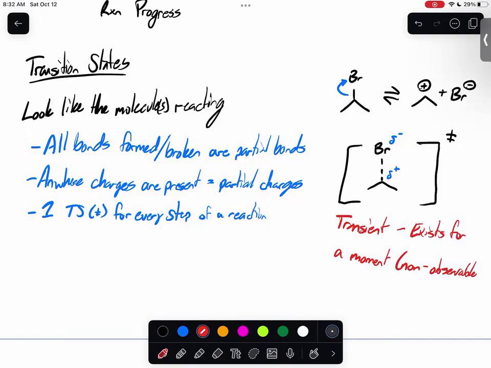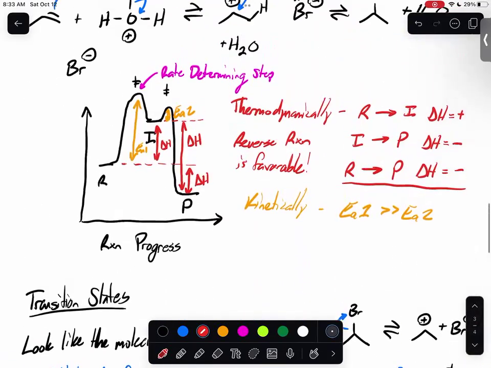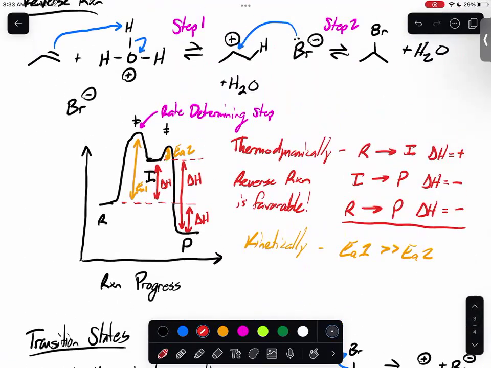And the reason it's not observable is if we're thinking about these energy diagrams here, this is the very top of the energy peak. Right. And right up there at the very top, essentially, is this spot where it's so high energy, it just wants to get to something that's lower energy, and no matter where it goes, it'll go somewhere lower. All right, so these exist only for a moment.